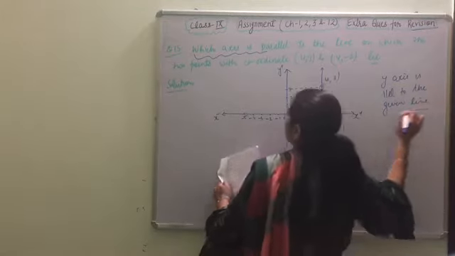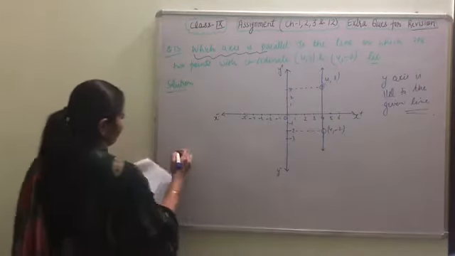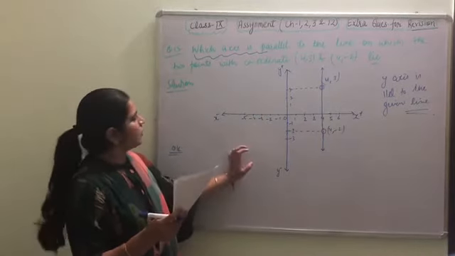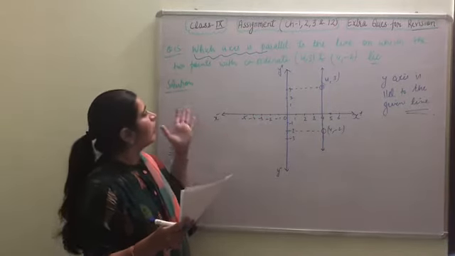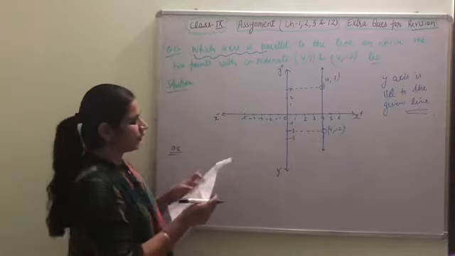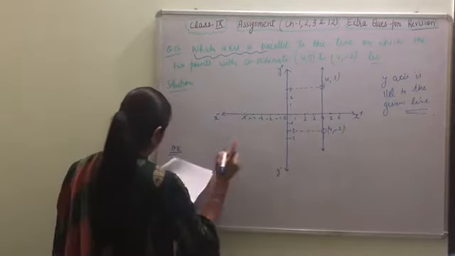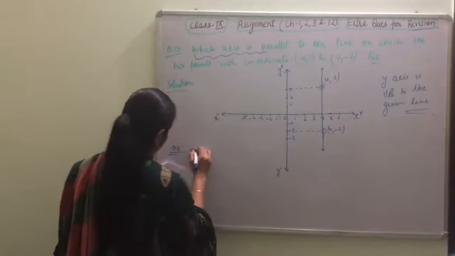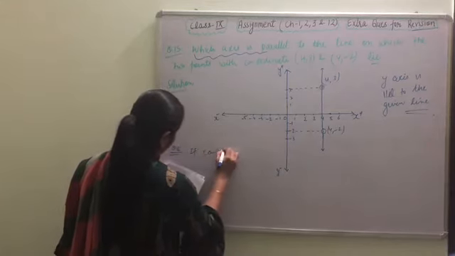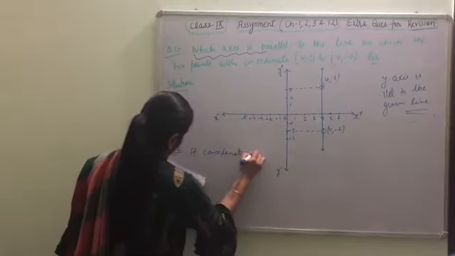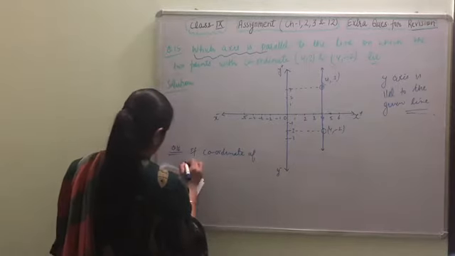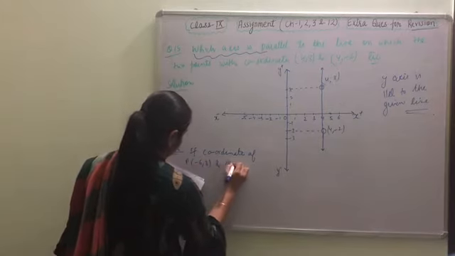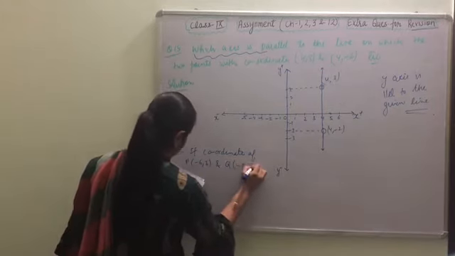Now next question, question number 16. I'll explain the 16th question with the help of the 15th question only. They are giving the coordinates of P as (minus 6, 3) and Q as (minus 8, 5).